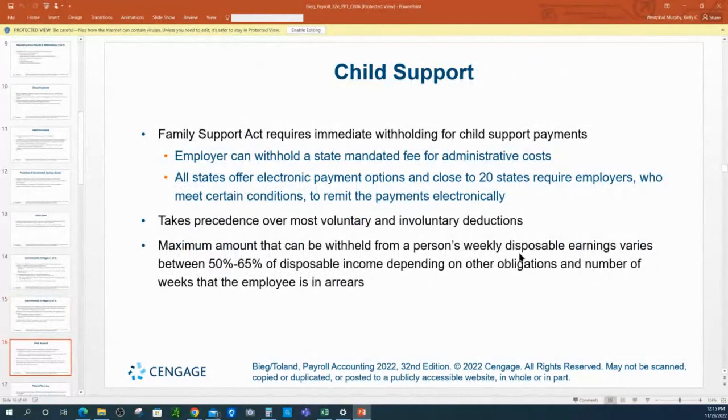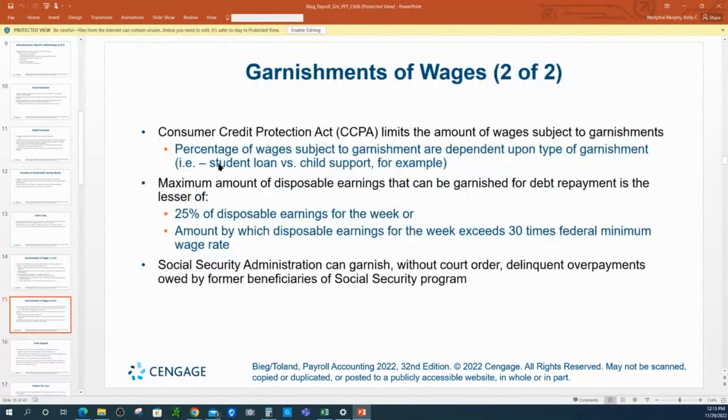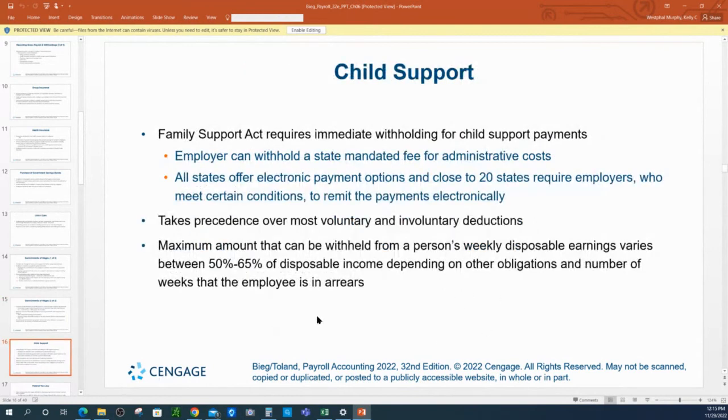Child support has some different limitations, though. The ones I just described pertain to debt repayment. Child support is governed by the Family Support Act. We talked early on about those new hire reporting forms: the employer reports to the state that an employee has been hired, and that notifies the state to implement any child support orders that may be outstanding.